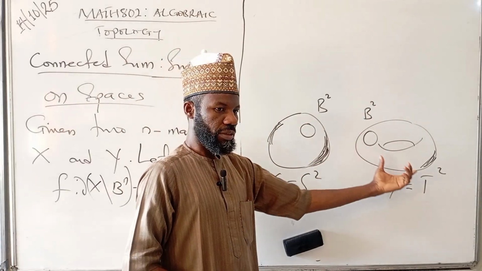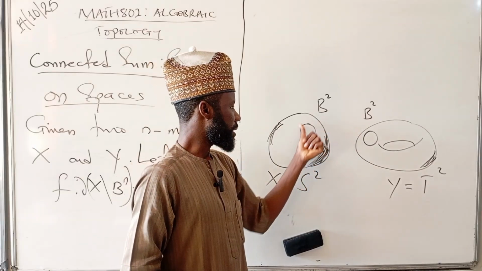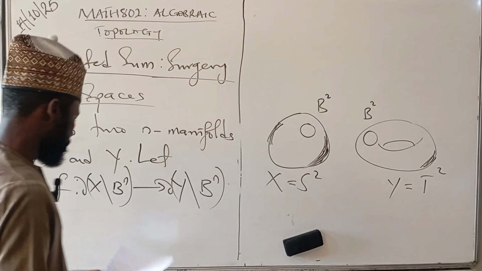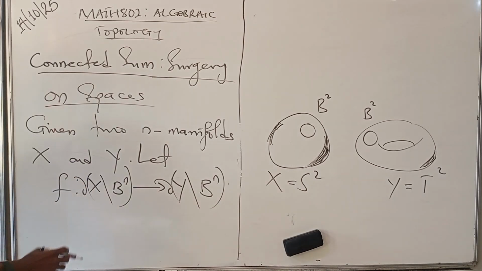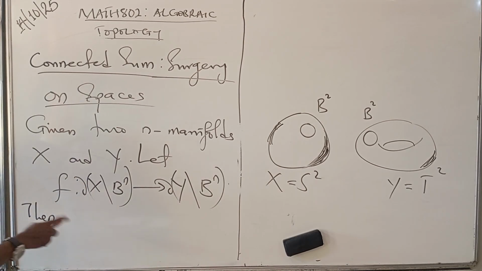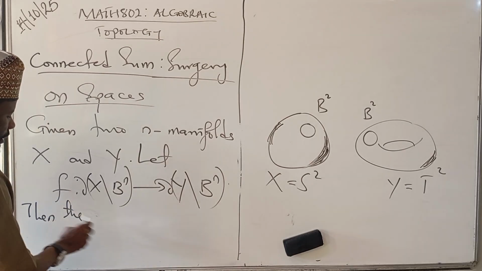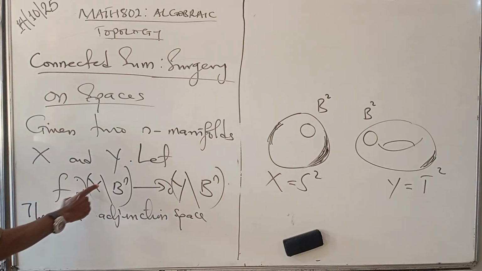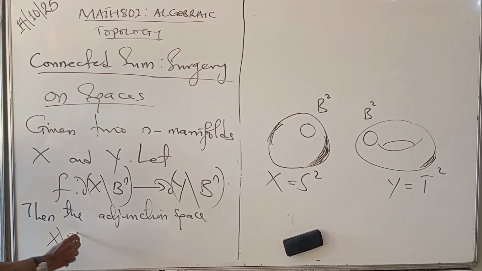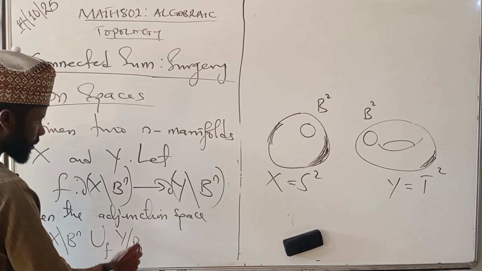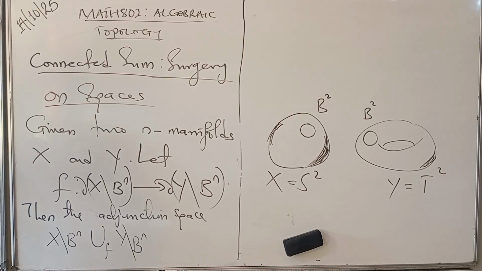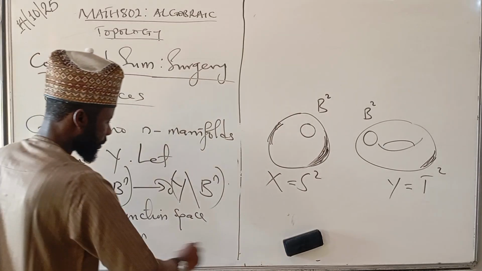You think of this as your space X, and the boundary you can take as your A in our definition of the adjunction, and this one as our D. With this, I can define the adjunction space X minus Bn union along F with Y minus Bn.